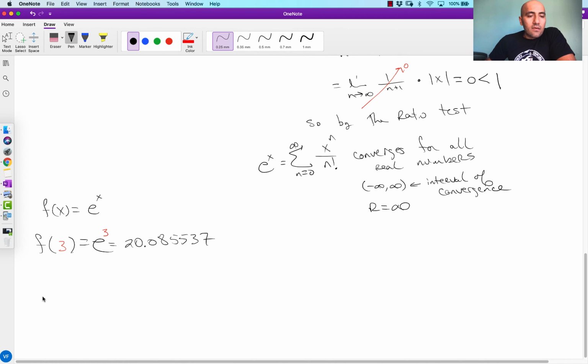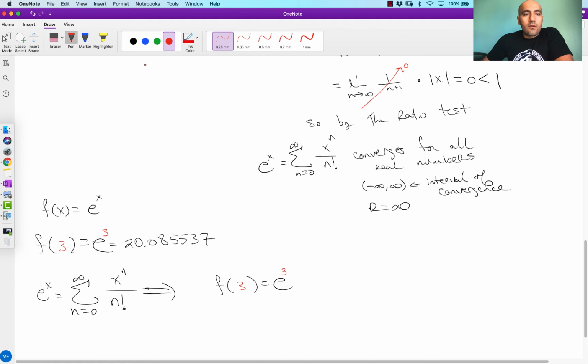So we can also say that e to the x, which was also equal to this infinite sum, as n goes from 0 to infinity, of x to the n over n factorial, is going to result in us saying that f of 3, which is equal to e to the third power, is also equal to the sum, as n goes from 0 to infinity, of 3 to the power of n divided by n factorial.